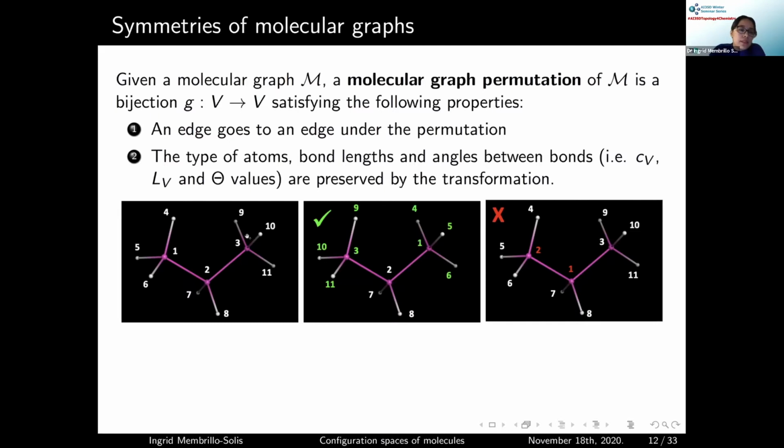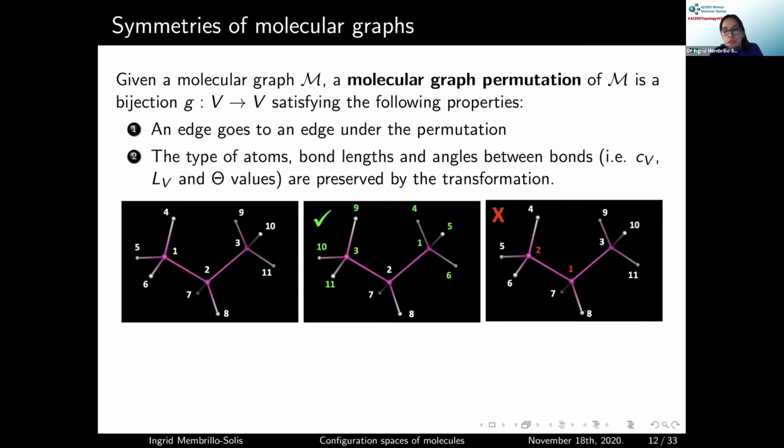So if I start, for instance, with this conformation, I can put an arbitrary label, and then I can apply a permutation, which is just swapping the labels associated to each of these vertices. For instance, in this case, if I swap the right-hand side with the methyls in the propane, then we will have a molecular graph permutation.